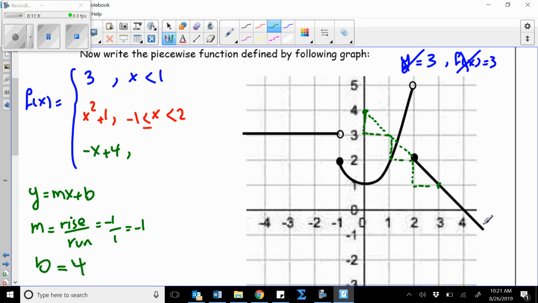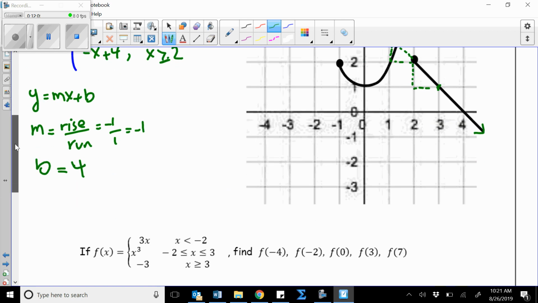Although I don't have an arrow here, you can just imagine we have an arrow because it's just continuing. If it was an open circle, then we would say it's stopping at this point. So now this is all the x values which are greater than or equal to 2, because I have a closed circle. So this is the equation for this piecewise function.